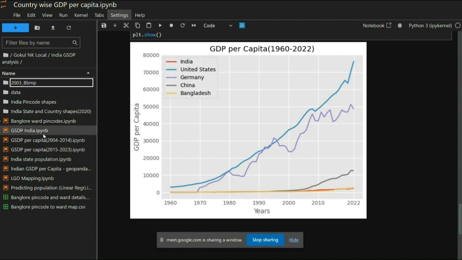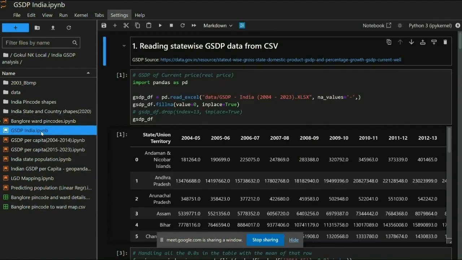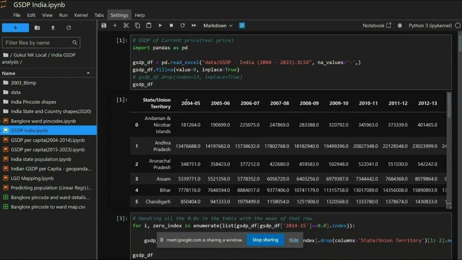Then we are calculating the GSDP data, which is GDP for every state of India. We have downloaded the data from the government's official website, for which the link is mentioned there.